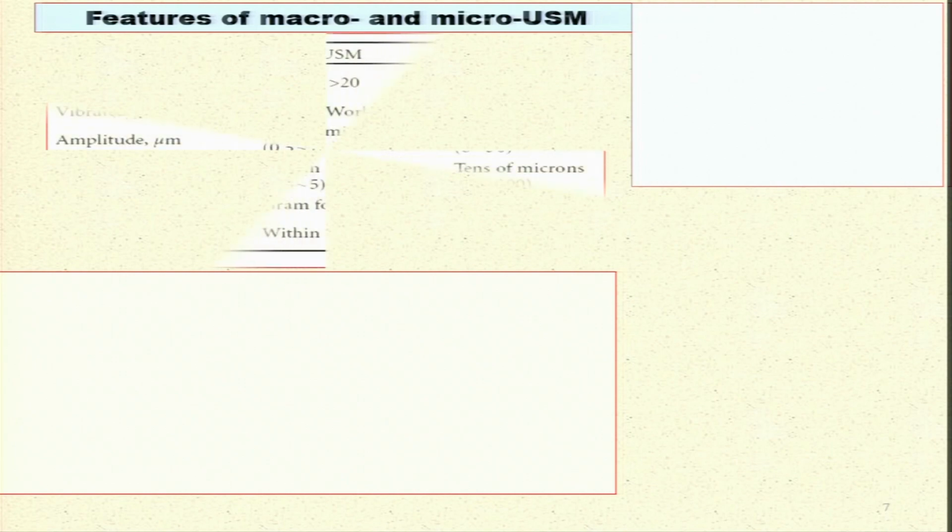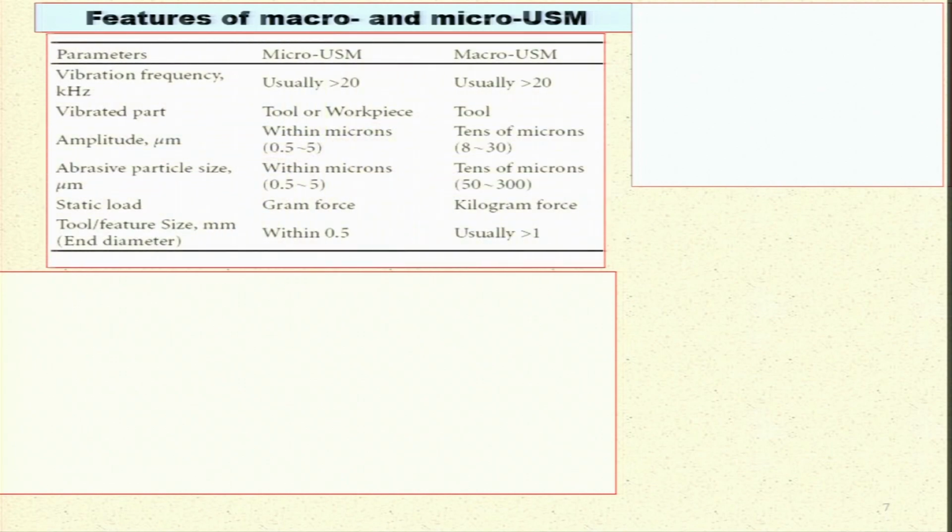Features of macro and micro ultrasonic machining I have already mentioned in other lectures. If it is greater than 1 millimeter, it comes under the category of macro. If less than 1 millimeter, it comes under the category of micro. Now, in case of ultrasonic machining, vibration frequency is usually greater than 20 kHz.